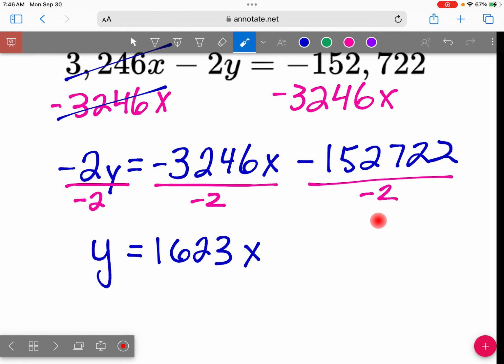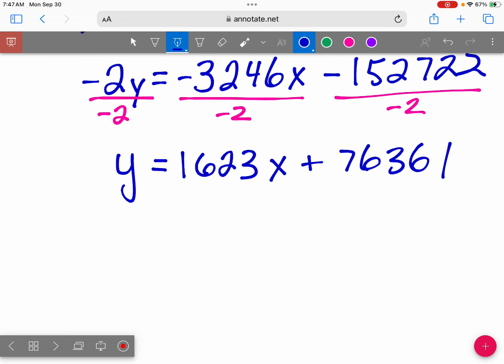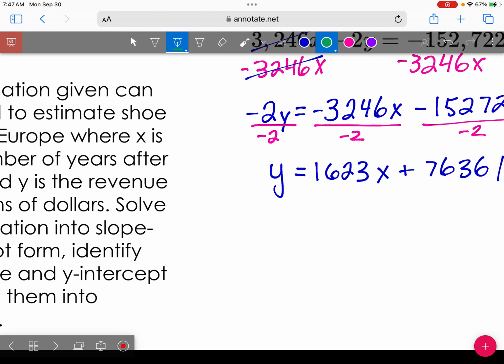So what's going to happen over here? Luckily, it's the last one. It's going to be positive. Anyone have the number for me? Yes. So what is our slope?